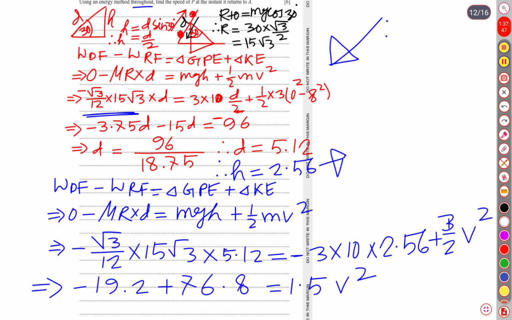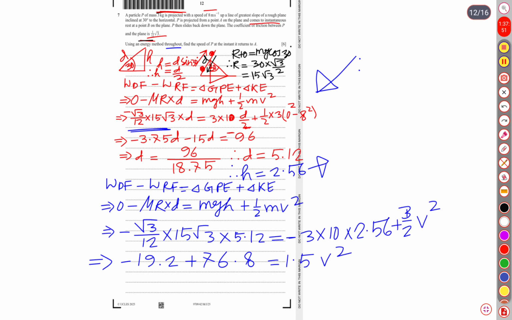Hence if we make v the subject, v is going to be the square root of, 1.5 as denominator, and numerator 76.8 minus 19.2, which is 57.6.